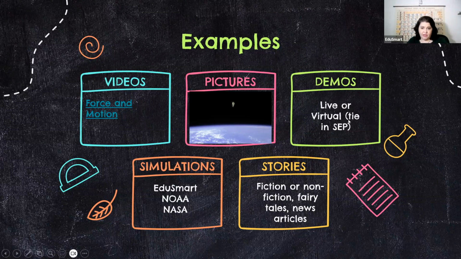Virtual or live demos. One thing that COVID has really done well for us is that every aquarium, zoo, museum, everything now has all of these great virtual tours that you can give. And a lot of them will actually zoom in to your class and give you a virtual tour or a demonstration or show some kind of model going on.